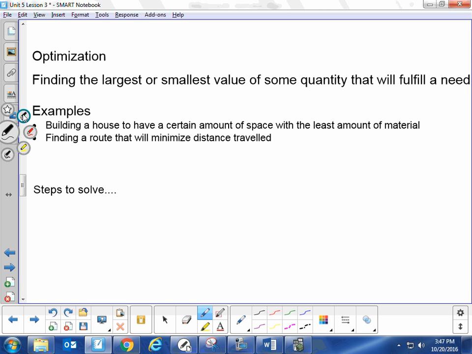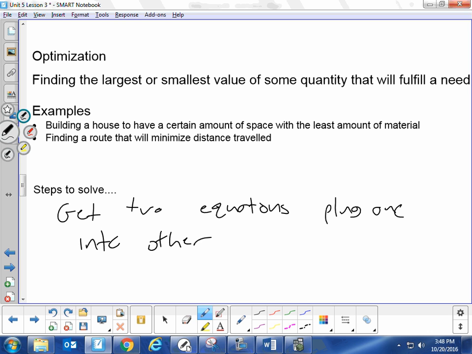One you will use to plug into the other one you're going to derive. Okay?